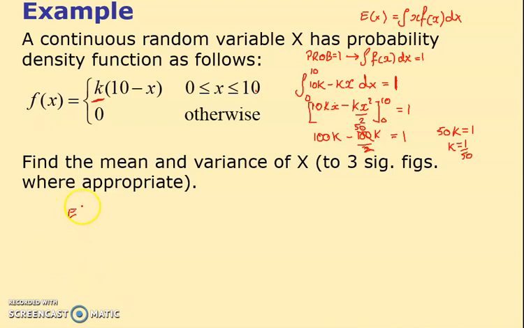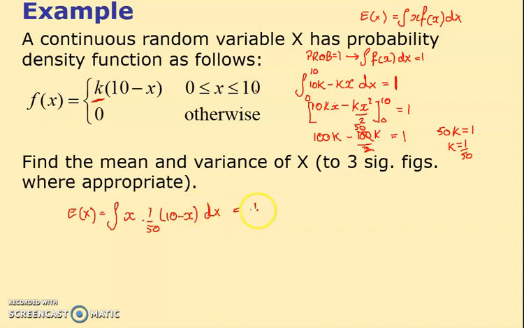If I want E of x, it's the integral of x f of x. Now f of x is this thing here. And I now know that k is a 50th, times by a 50th of 10 minus x dx. So I don't like the bracket, so I'm going to get rid of the brackets.